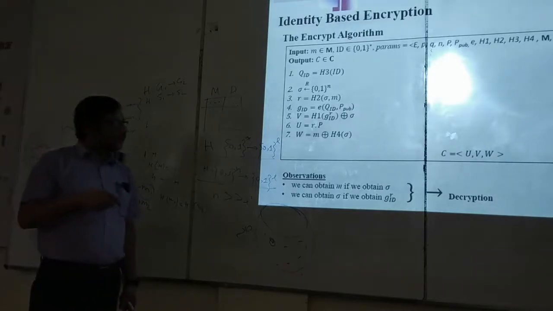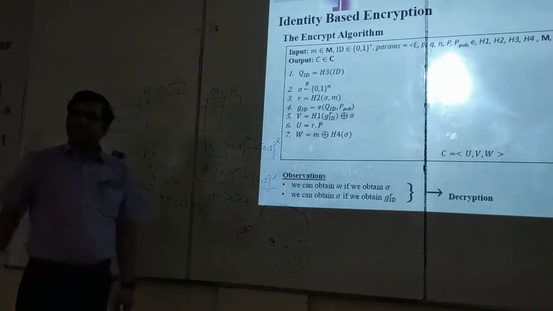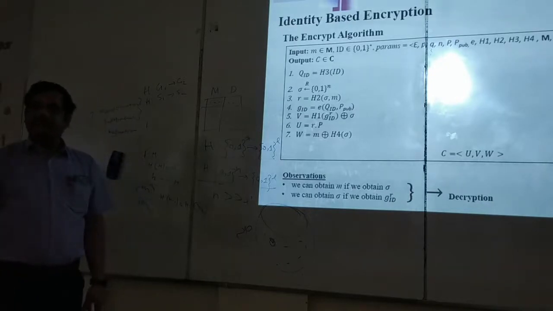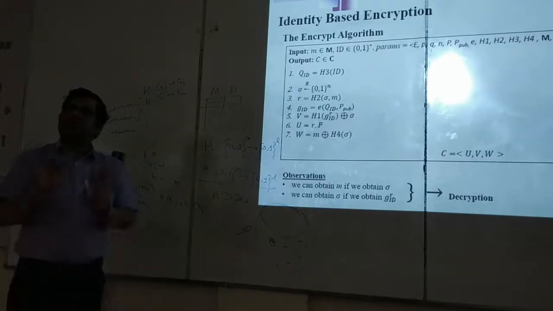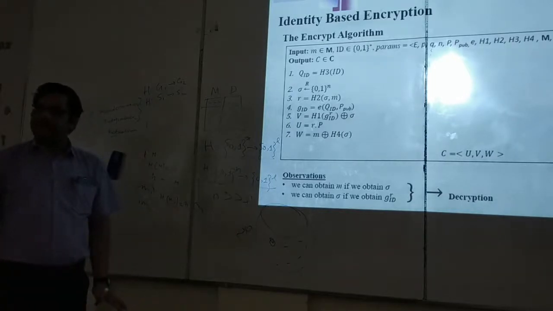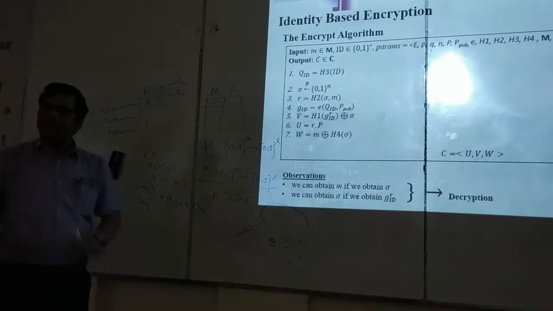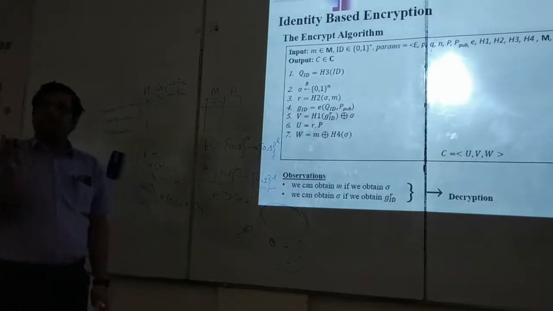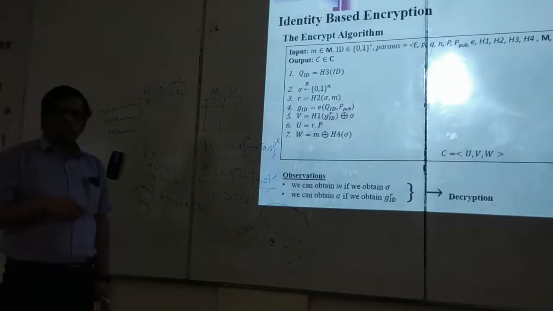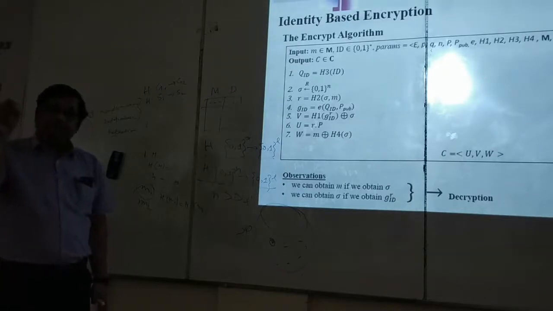So what exactly are we doing in W? We are masking M by H4 of sigma. You see, H4 is a public function. Everyone knows what H4 is. The attacker also knows what H4 is. So simply we can say that in W we are masking M by sigma.